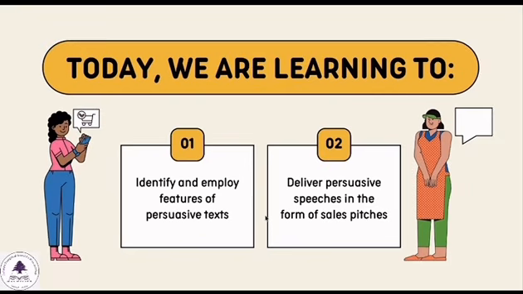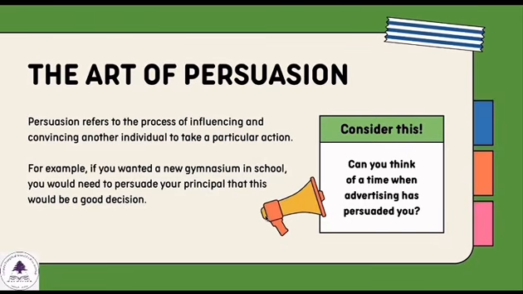So, in this video, we are going to identify and employ features of persuasive texts and deliver persuasive speeches in the form of sales pitches. Okay, so the art of persuasion, make sure that you start with the hook, okay, and the hook can be in a form of question or anecdote.